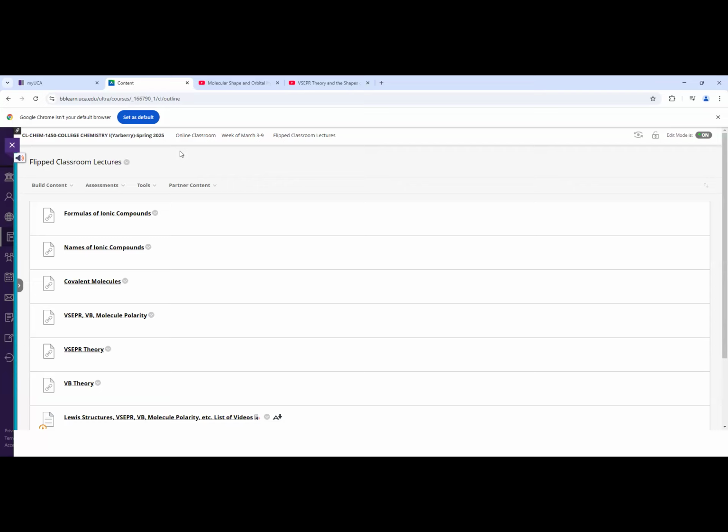And then the other thing that you're going to find at the very bottom is, if you need more examples of Lewis structures, how I took the Lewis structure and got the electron geometry, the molecular geometry, the hybridization and the molecule polarity, I have made around 100 videos, one molecule at a time.